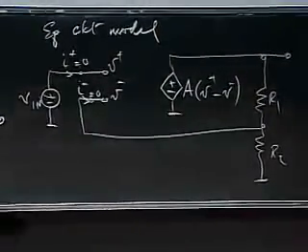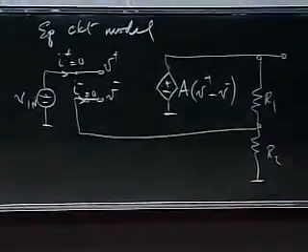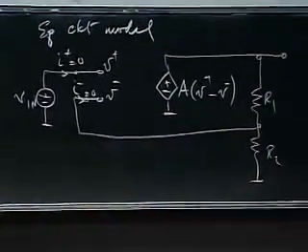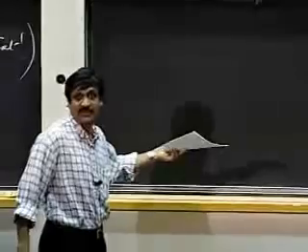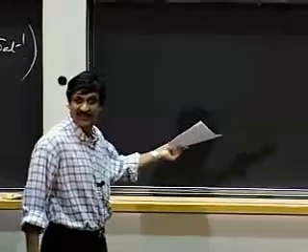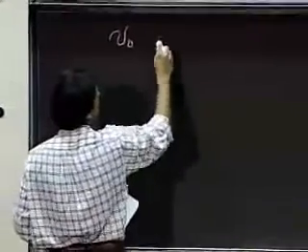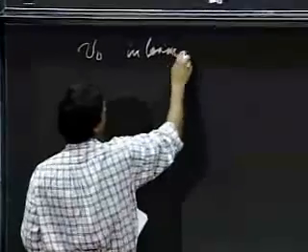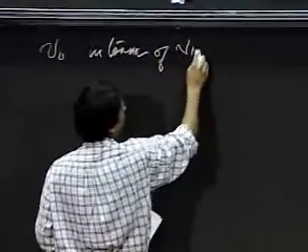So let's go ahead and analyze that circuit now. It's going to be pretty simple, actually. What I'm going to show you is the hard way of doing it, and then a much easier way. But the hard way itself is pathetically easy. What I want to do is find VO in terms of Vin.